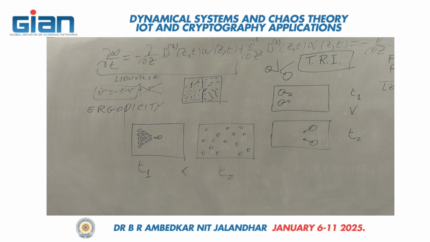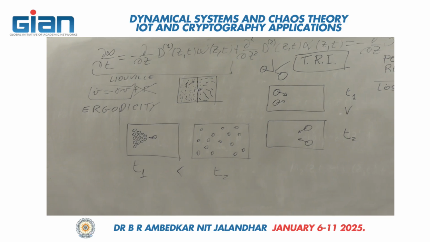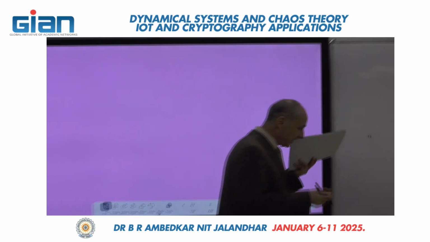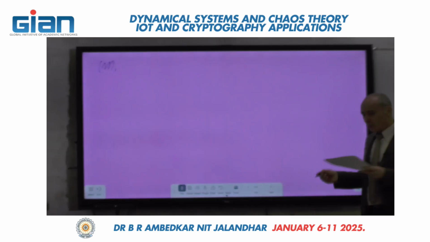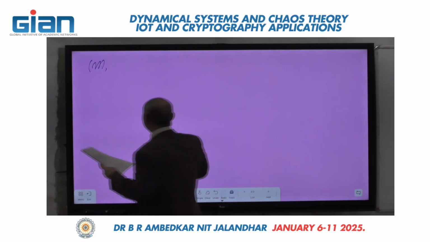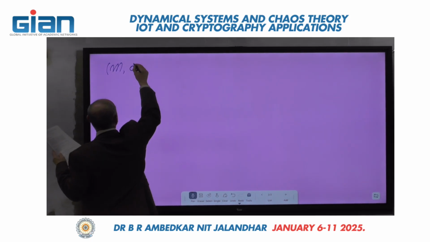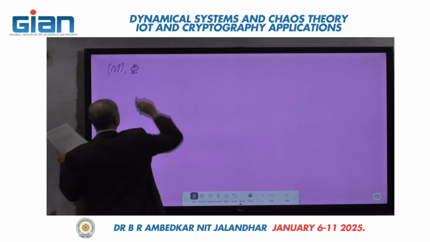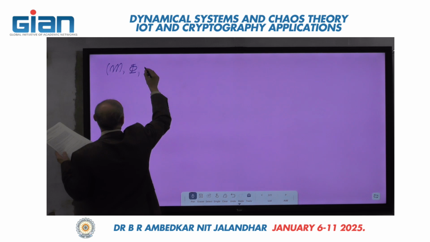So to define ergodicity, we have to do this. We have to have a dynamical system, which means a manifold, M, but in the end, a phase space where things move. We need to have some dynamics on this M, continuous or discrete.